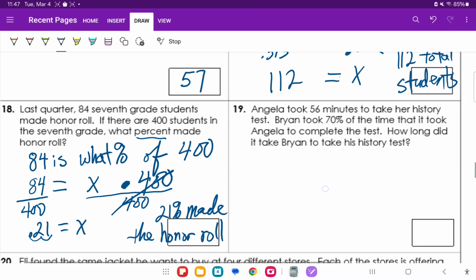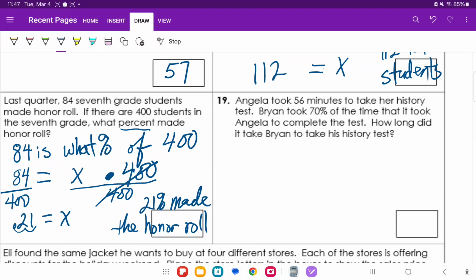All right, so then on number 19, Angela took 56 minutes to take her history test. Brian took 70% of the time that it took Angela to complete the test. How long did it take Brian to take his history test? So this one is just a straight multiplication problem.